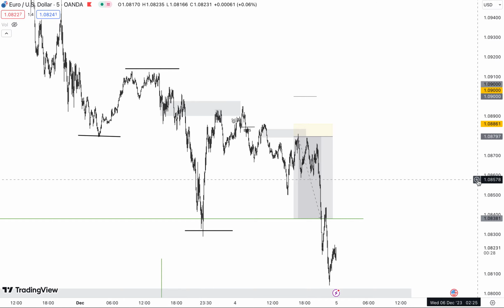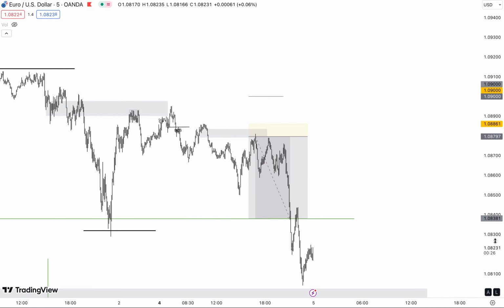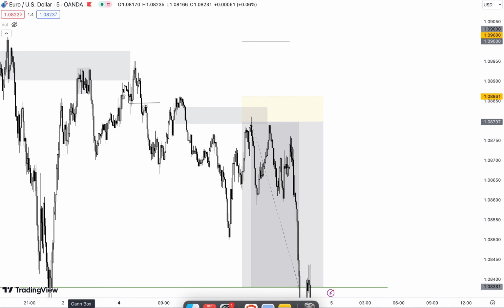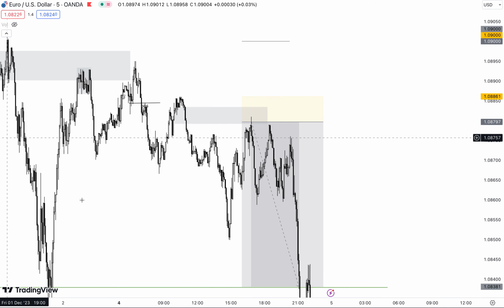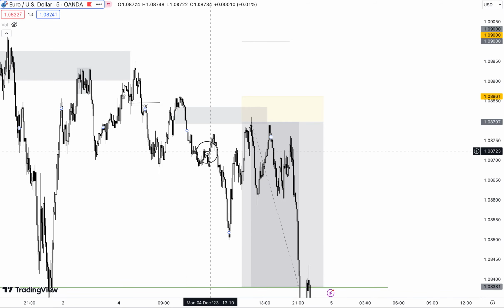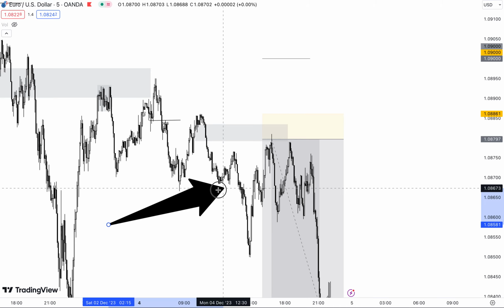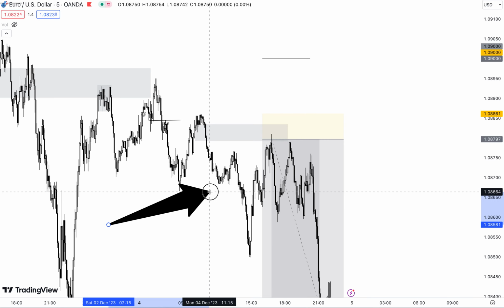But I entered this trade on the supply zone here earlier, before the news came out at 9:30. I also entered after the news at 2:30, because the news for Switzerland created this movement right here, because the news simply moves the market. Okay, that's a quick way to look at it.